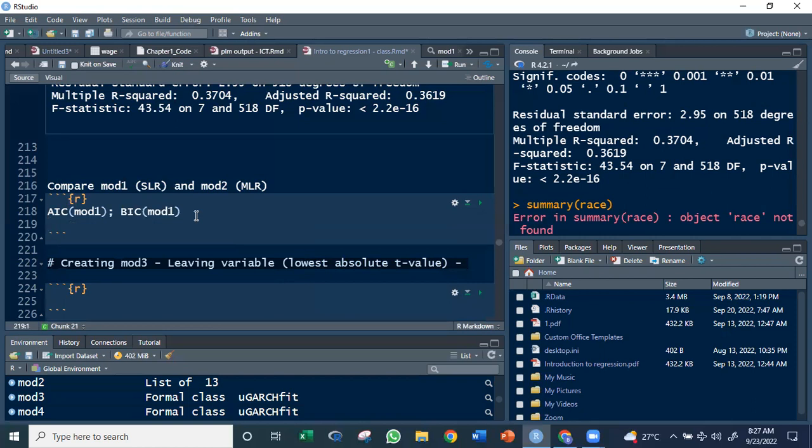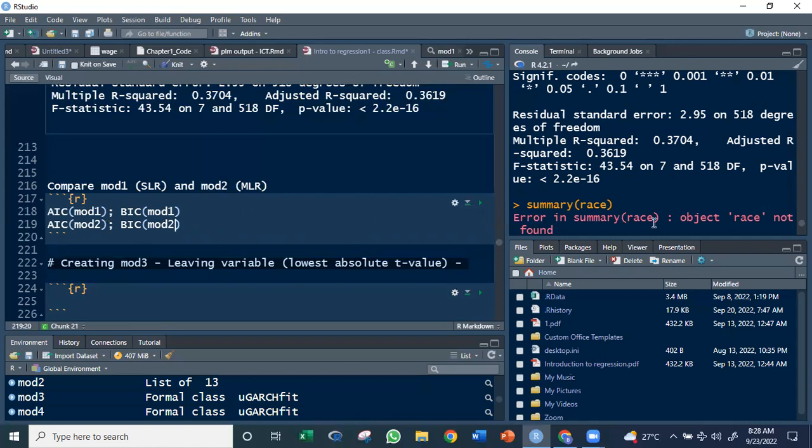Let's also write for model 2. We're going to test which is better, Model 1 or Model 2. So how do we do this?